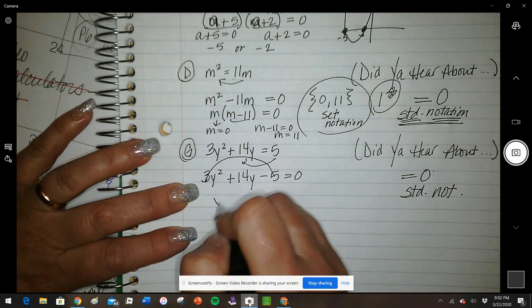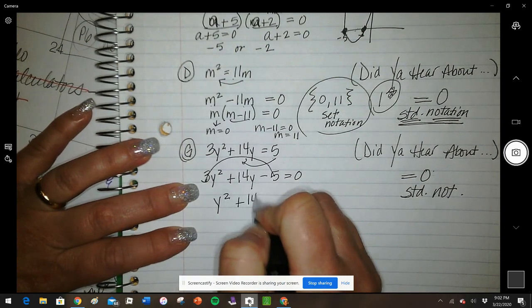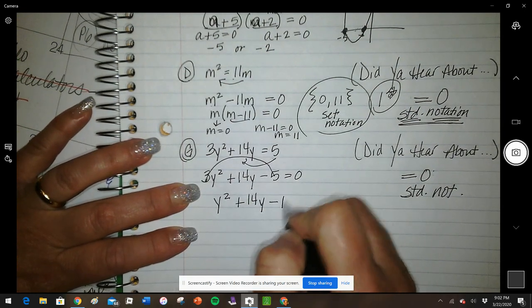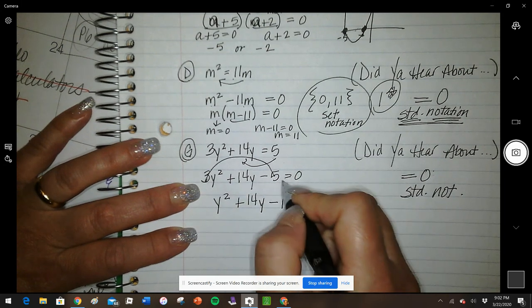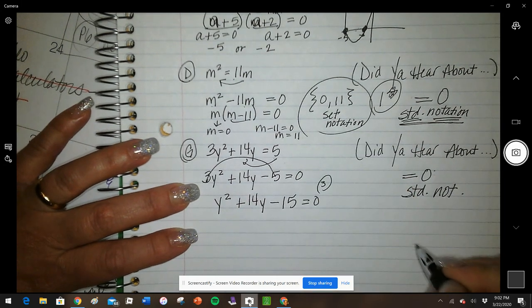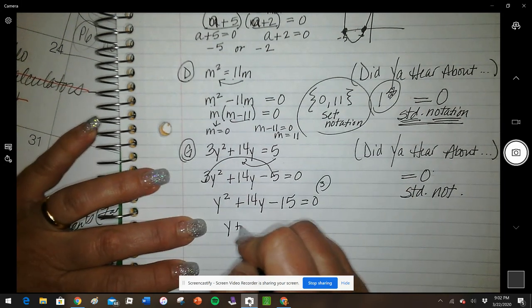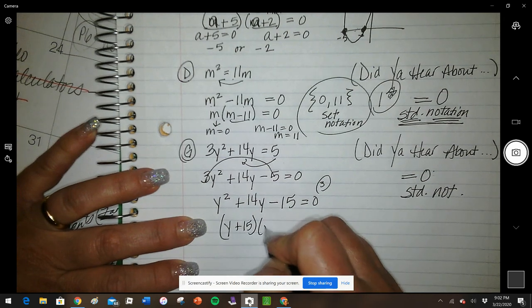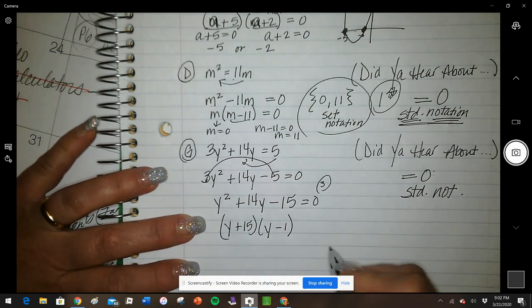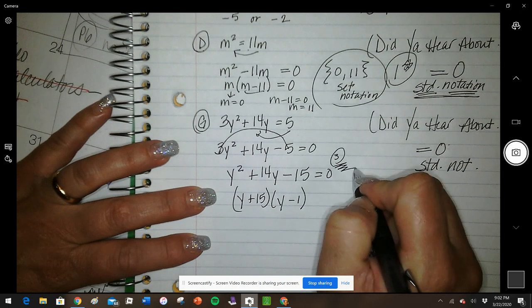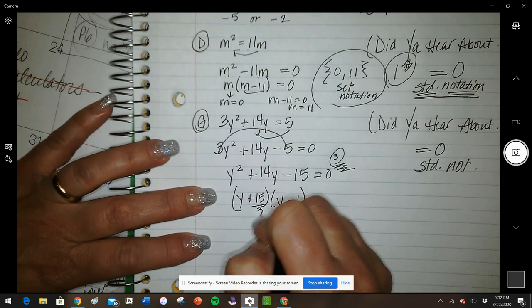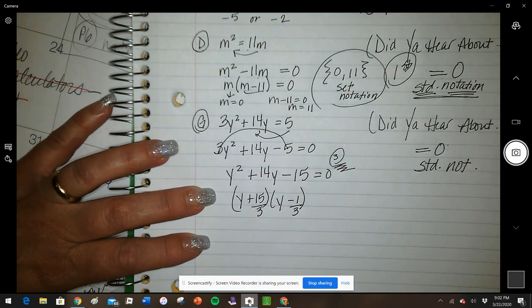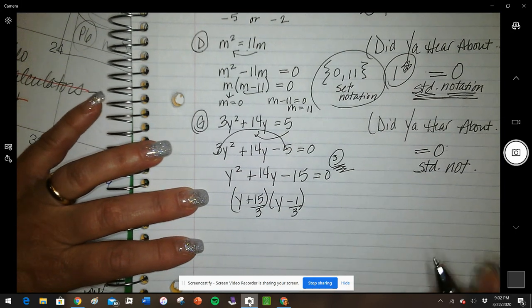So I'm going to change this problem to y squared plus 14y minus 15. You have to multiply it over by 3. I know I'm going to get a plus 15 and a minus 1. But then remember, I multiplied by 3. I have to turn around and divide my factors by 3 so that I can get the correct factors.